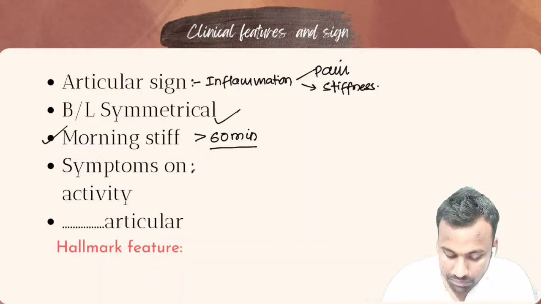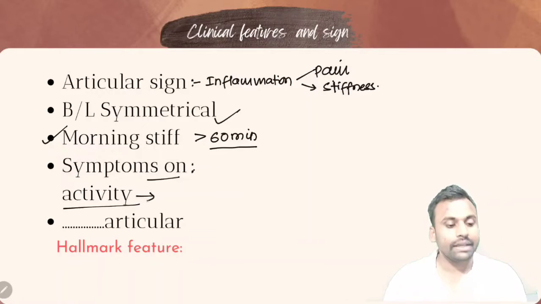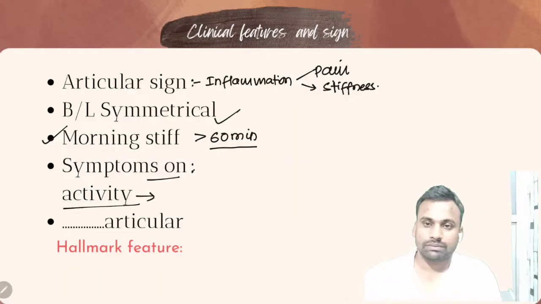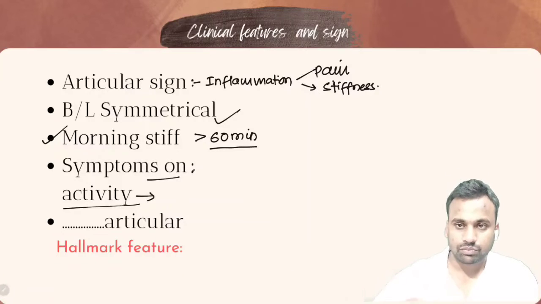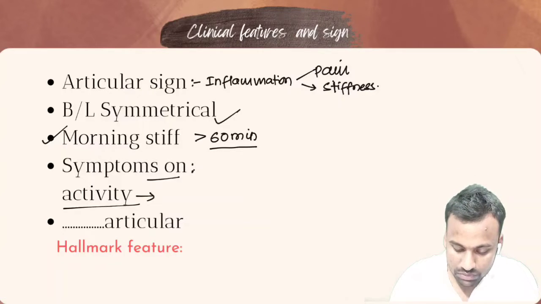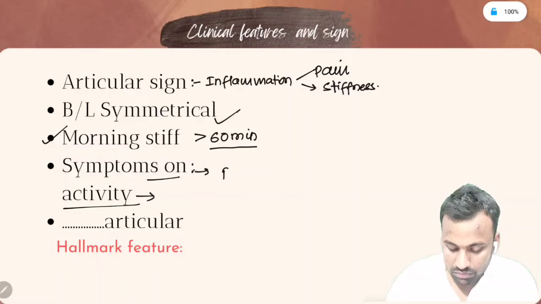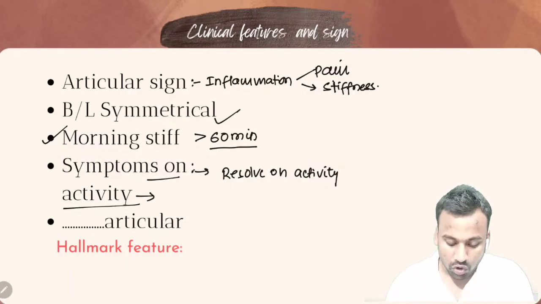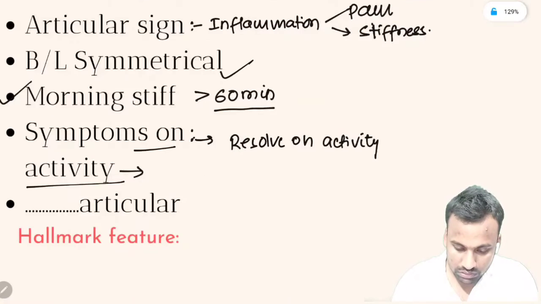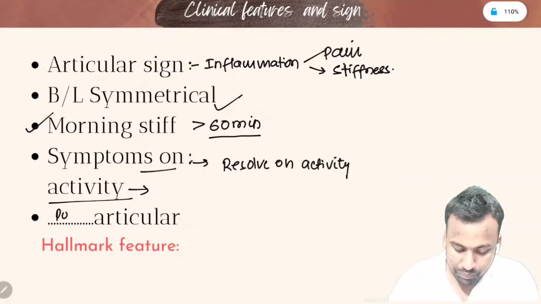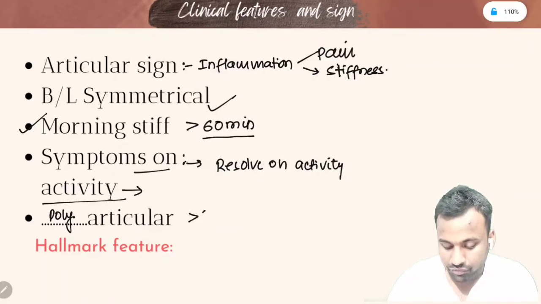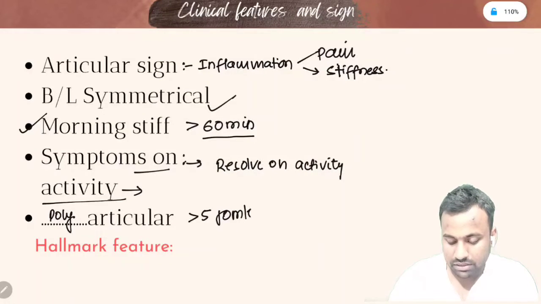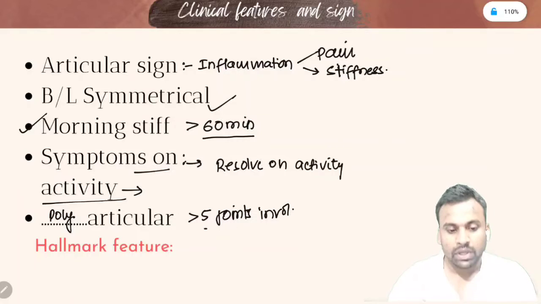The symptoms resolve on activity. Normally the disease is polyarticular, meaning more than 5 joints are involved. And what is the main hallmark feature of this disease?